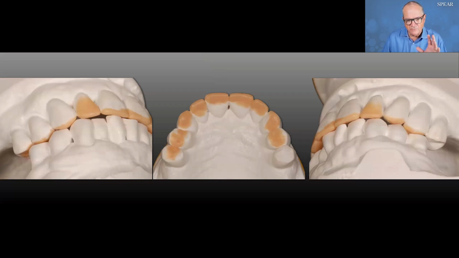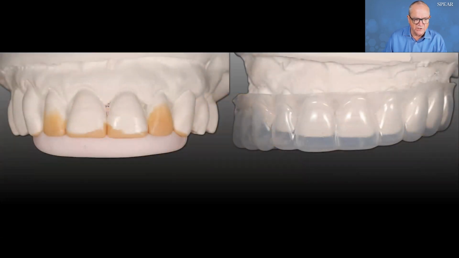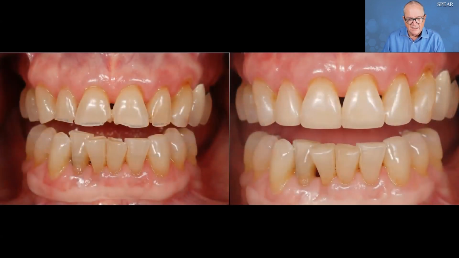And now from this wax up, we generate matrices out of silicone or copyplast or both. And you take a patient who was told the treatment was going to be $65,000, and out of composite, you can do it dramatically more reasonably and get a great result.